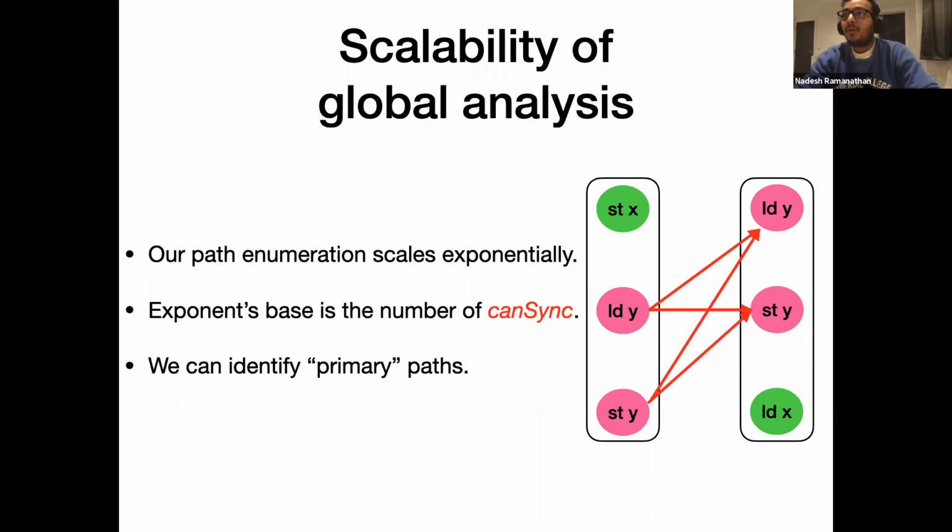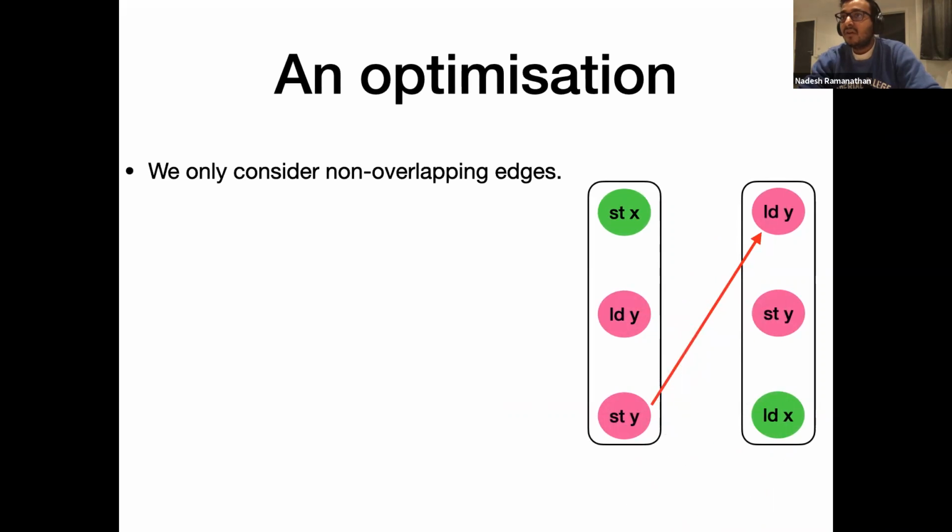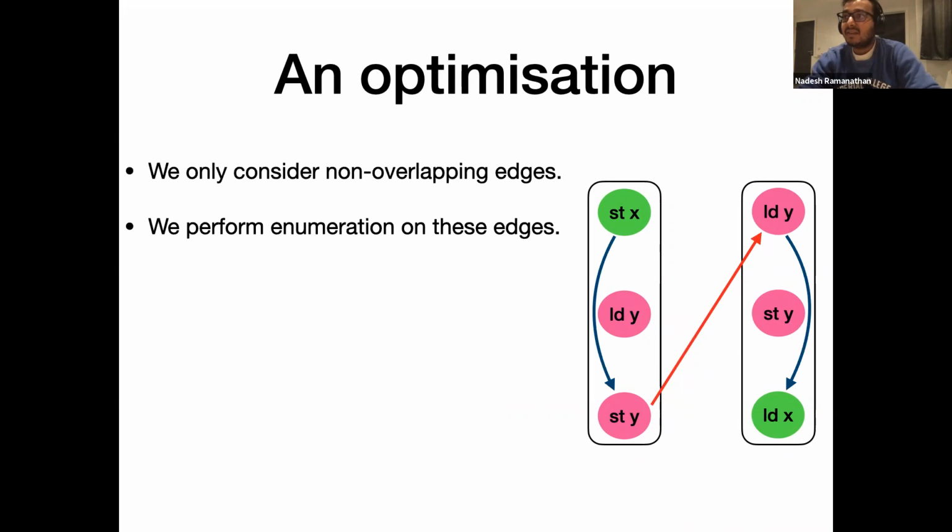And we realized that this is overlapping and we need to do something to try to reduce the exponent base. So we looked into removing these overlapping edges, and during our path enumeration, we only consider the primary edges, which do not overlap.